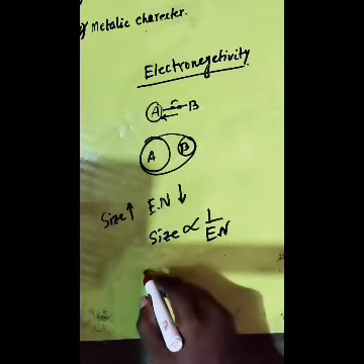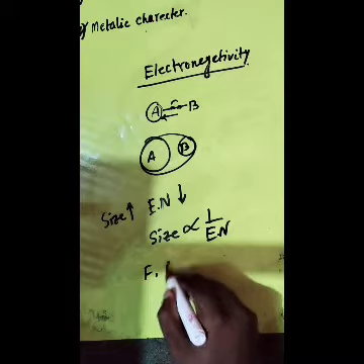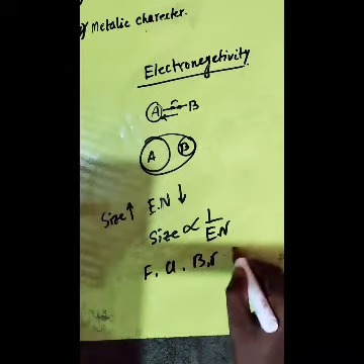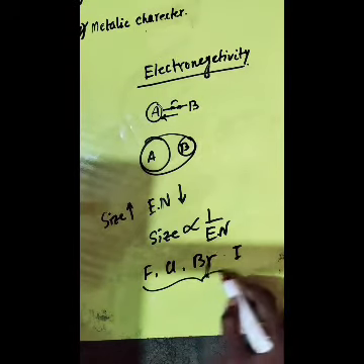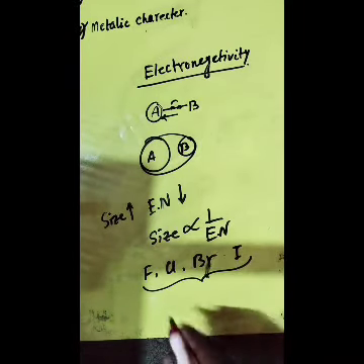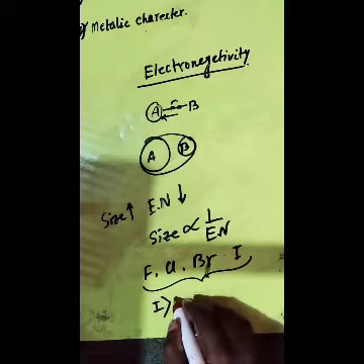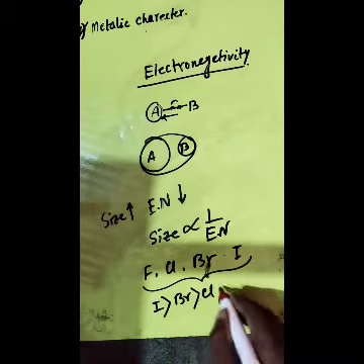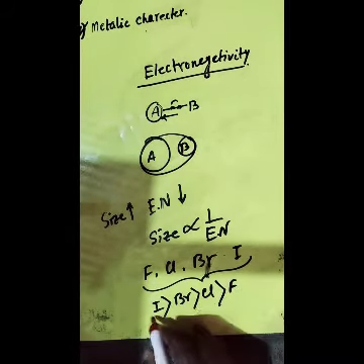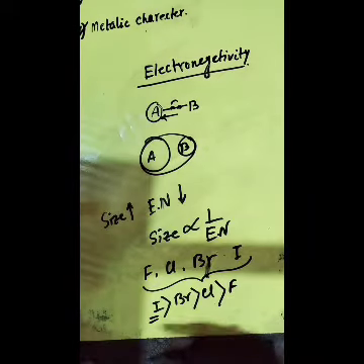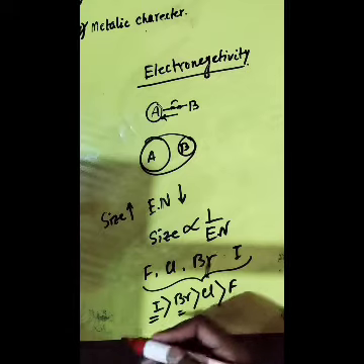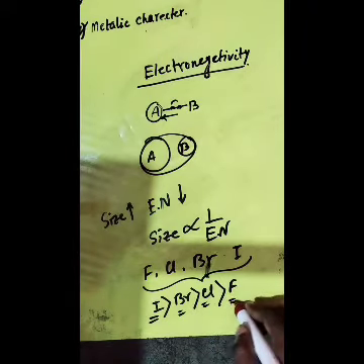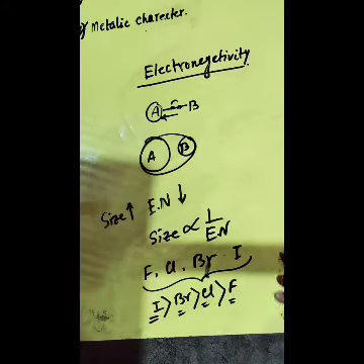For example, again if we take fluorine, chlorine, bromine and iodine, the size order of these halogen elements is iodine greater than bromine greater than chlorine greater than fluorine. That means iodine has a larger size than bromine, bromine has a larger size than chlorine, and fluorine is the smallest element in this group.